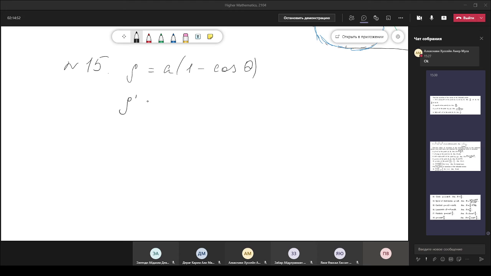Rho prime. A is constant, just A. 1, 0, minus, cosine minus sine. Minus and minus sine give us just plus sign. And rho 2 prime is A times derivative of sine is cosine of theta.